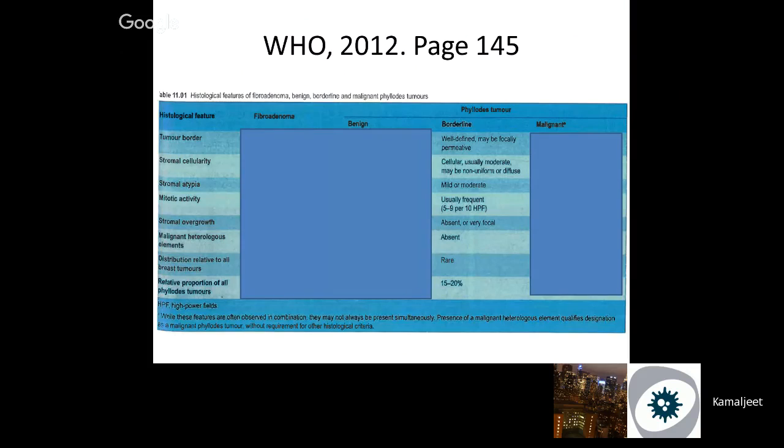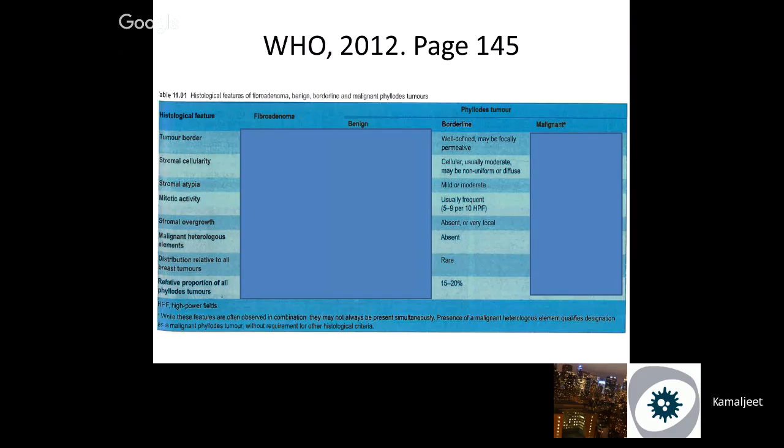If you read the chapter, what makes anything borderline is that we are not sure if this is going to act like benign or malignant. It doesn't mean that it's going to act like malignant. We just don't know because of the features. And most of them actually act like benign. What about atypia?